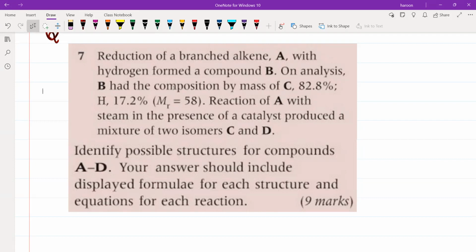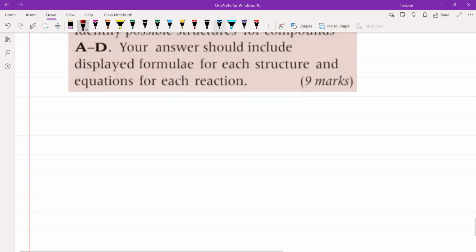Try and work out the empirical formula. Excellent. Go with the empirical formula first. So in this question, the first step is to find the empirical formula.